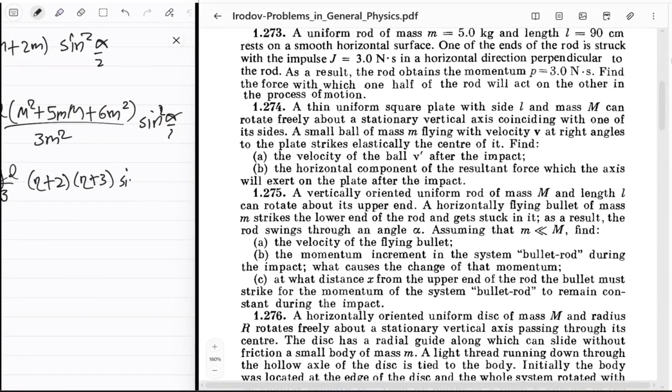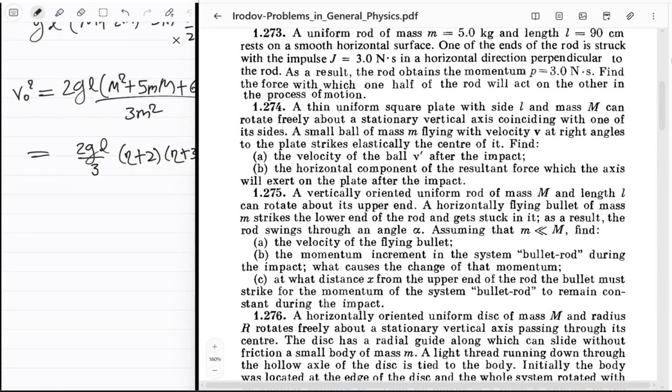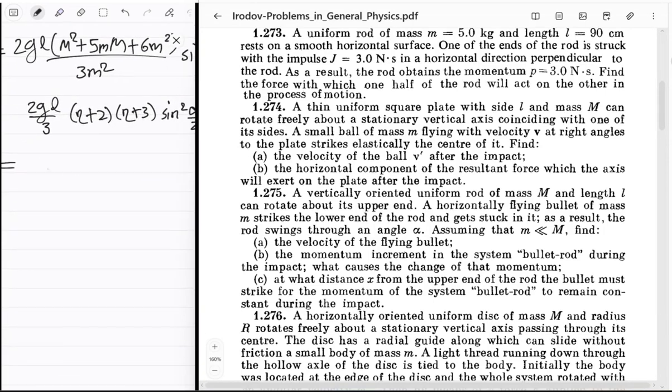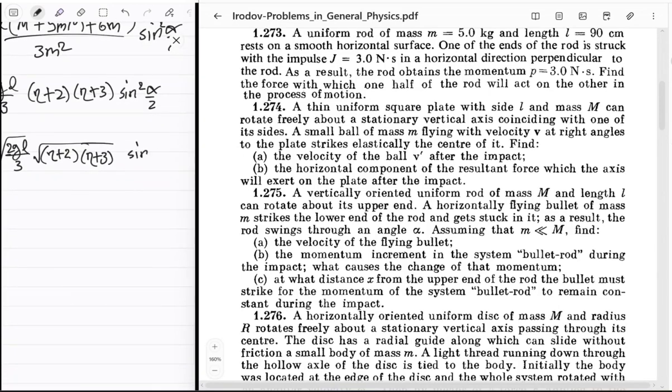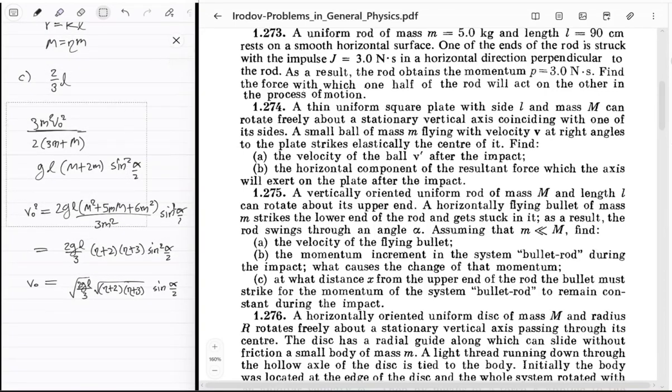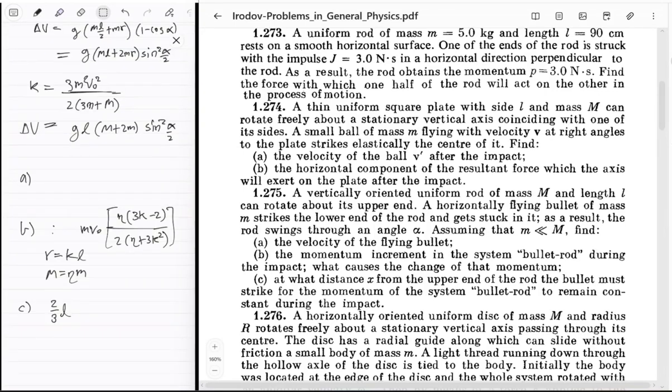You've got sine square alpha upon 2. So this is equal to v naught square, so v naught will be the square root of 2gl upon 3 times square root of eta plus 2 times eta plus 3, and then finally sine of alpha upon 2. So you've got this expression. This thing is your A.